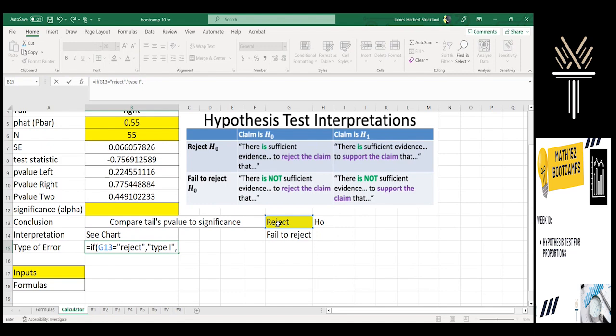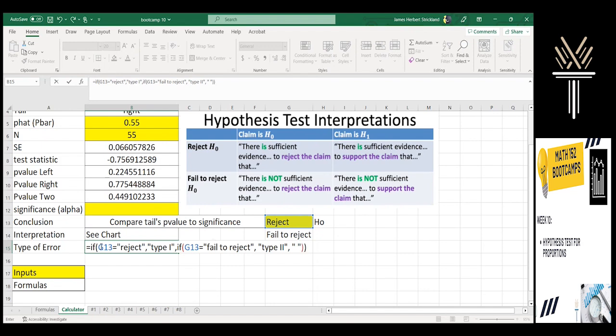Otherwise, if this box equals fail to reject, then we call it type 2. Otherwise, we're going to leave that box empty, which is why you put quotes with nothing inside it.